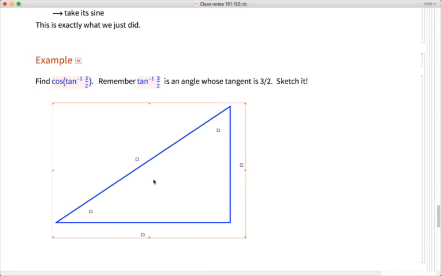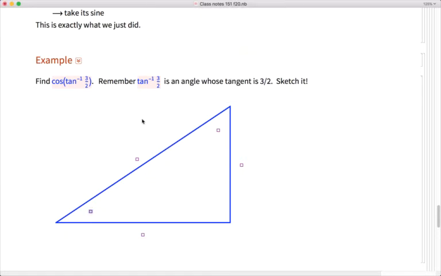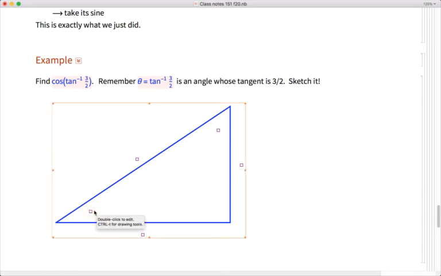So that's going to be the angle down there. And we want its tangent to be 3/2. That means its opposite should be 3, its adjacent should be 2, and that'll allow us to figure out the hypotenuse here. Maybe we'll just do this quick here.